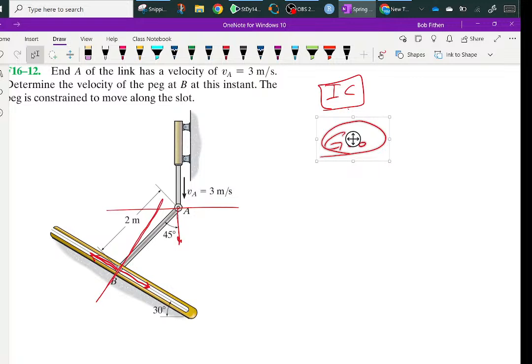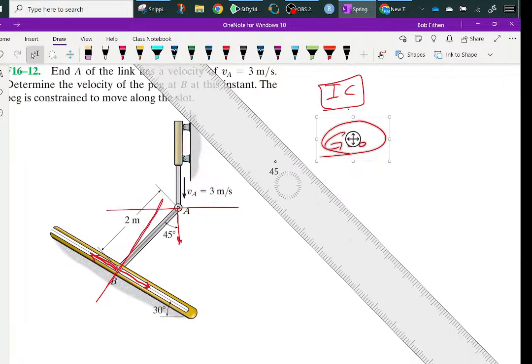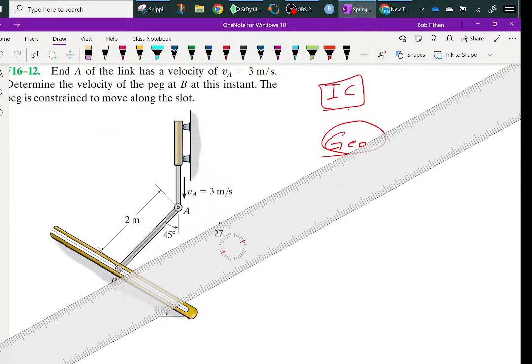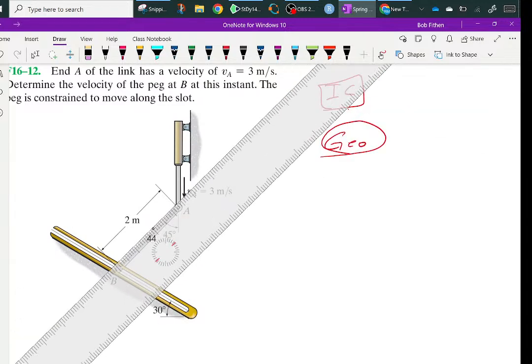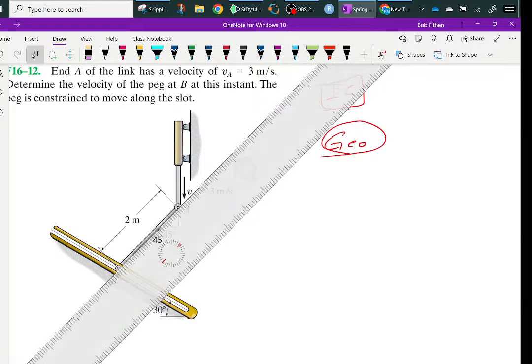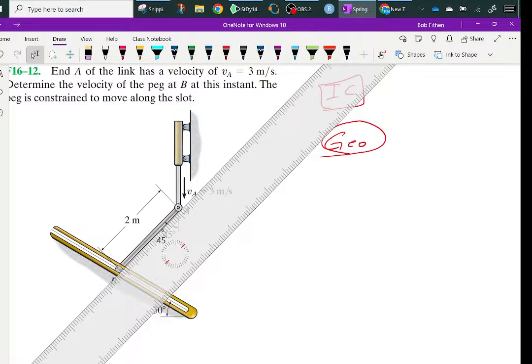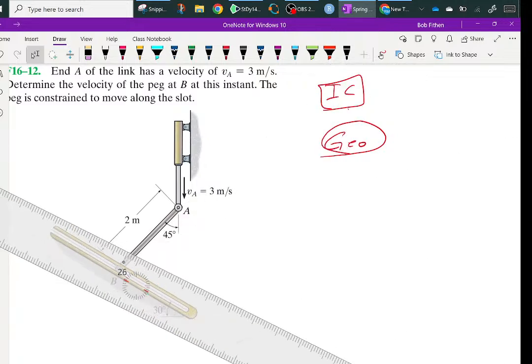I've got this ruler. Let me see how accurate this is as far as the 30 and 45 degrees. If I line that up, well, that's pretty accurate. So that's 45 degrees.